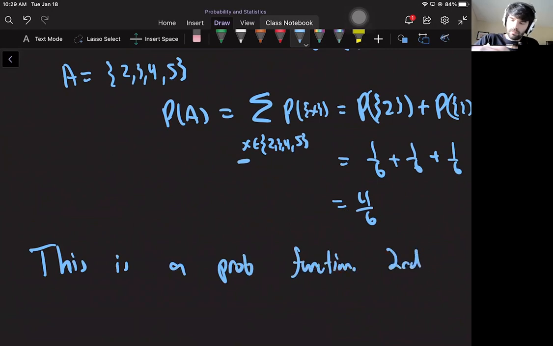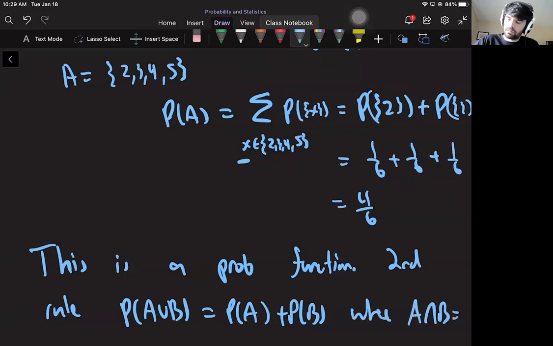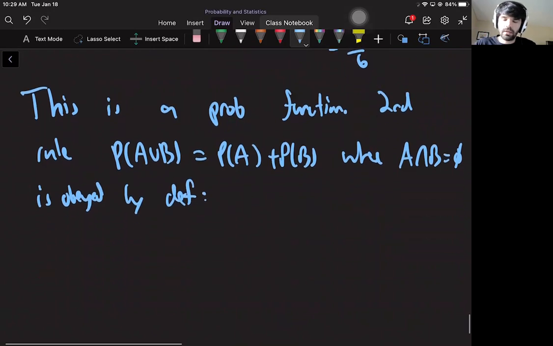Okay, so the second rule, this thing, where the events are disjoint, that's obeyed by definition. And here's how you can see that.